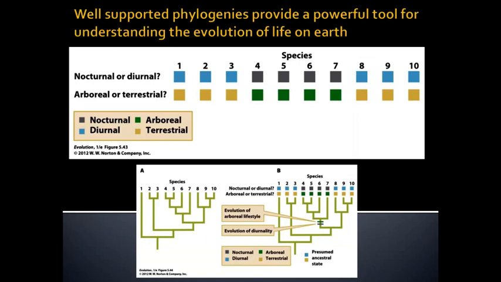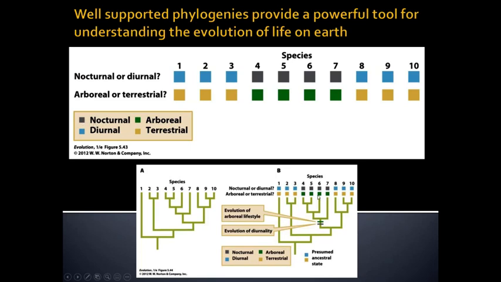But other things too, not just distribution. We can say, does a nocturnal character evolve once or twice? Are there characters that are associated with one another? So notice in this analysis, the evolution of arboreal habitat, living up in trees, is correlated with the evolution of being nocturnal. So living up in trees and being nocturnal.